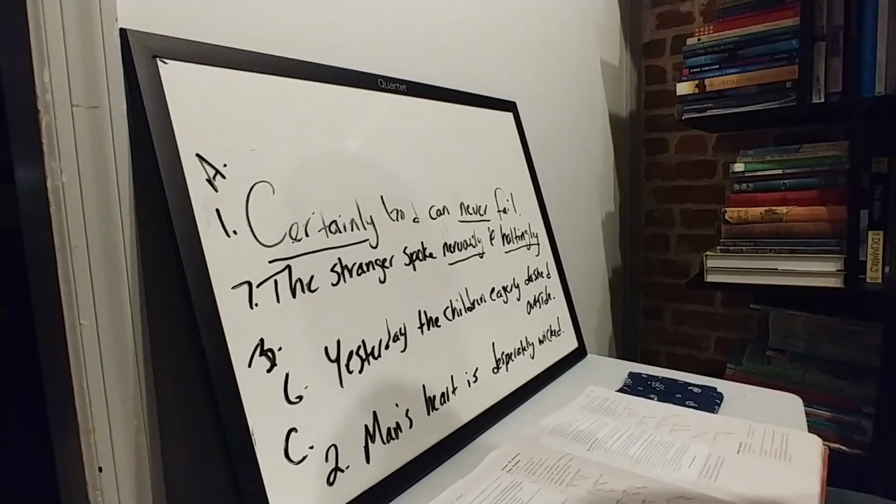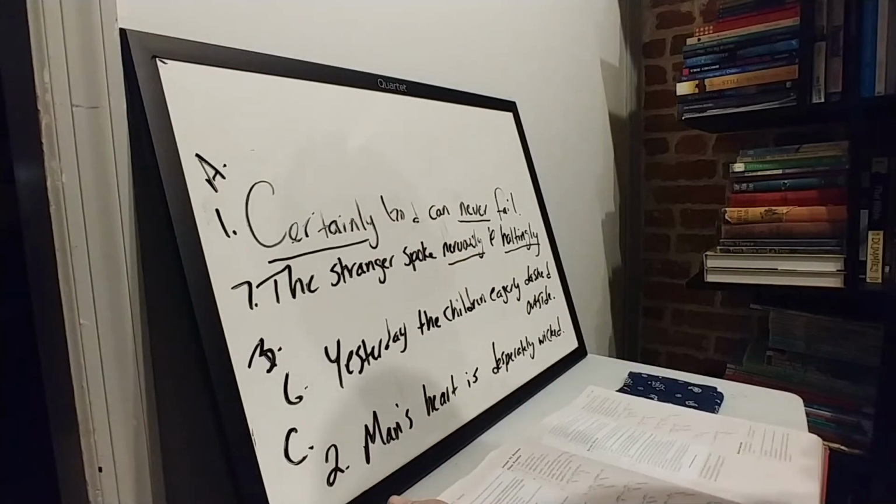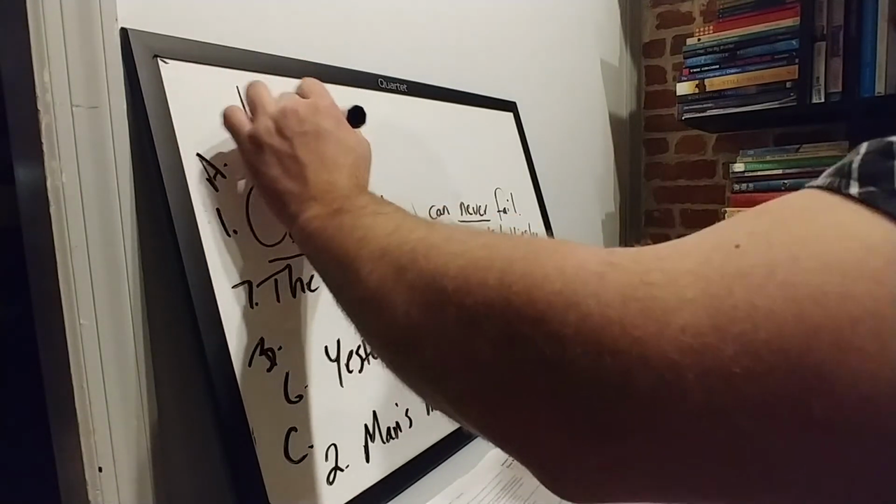All right, I'm just going to go into your lesson, and I have a couple written out here ready just to kind of give you a little idea how this works. So number one, "Certainly God can never fail." They've already underlined the adverbs for you. They want you to copy that. So for your number one, you should have something like this.